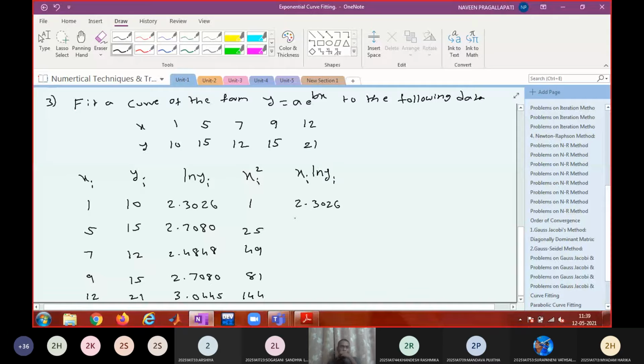What is the next value? 67.700... 5 into 2.7, it will be at most 15, no? It will be less than 15. 13.5400, sir.